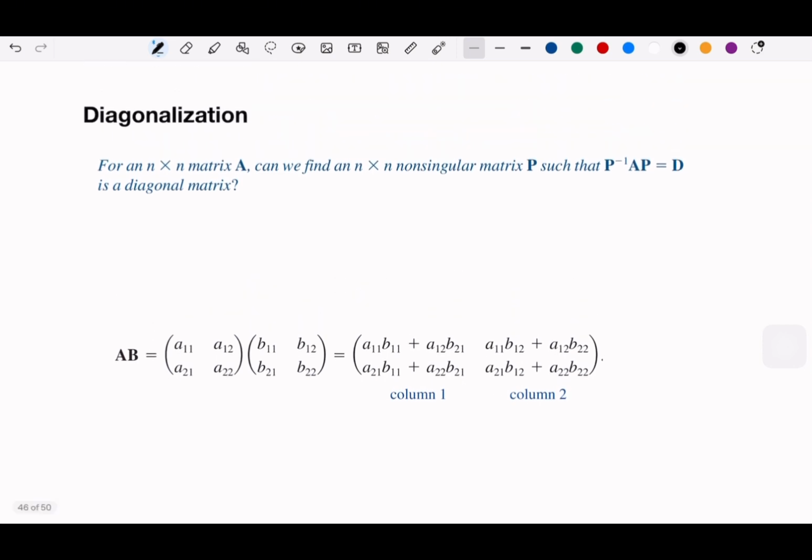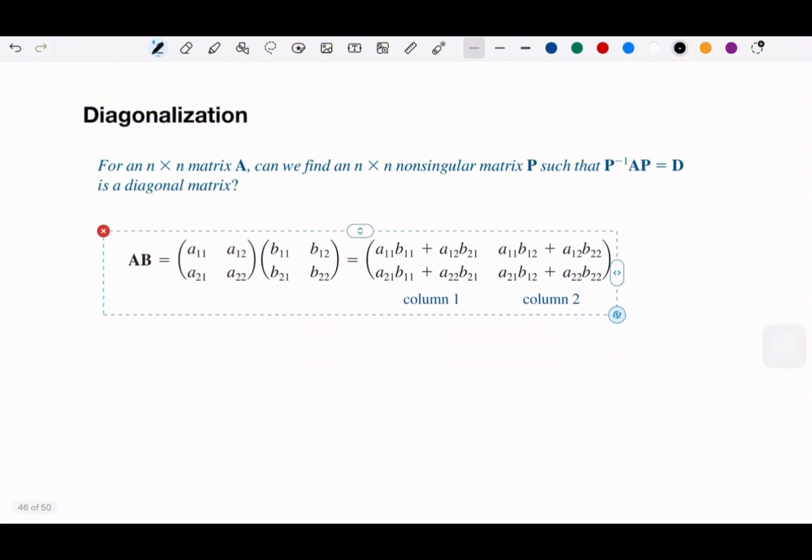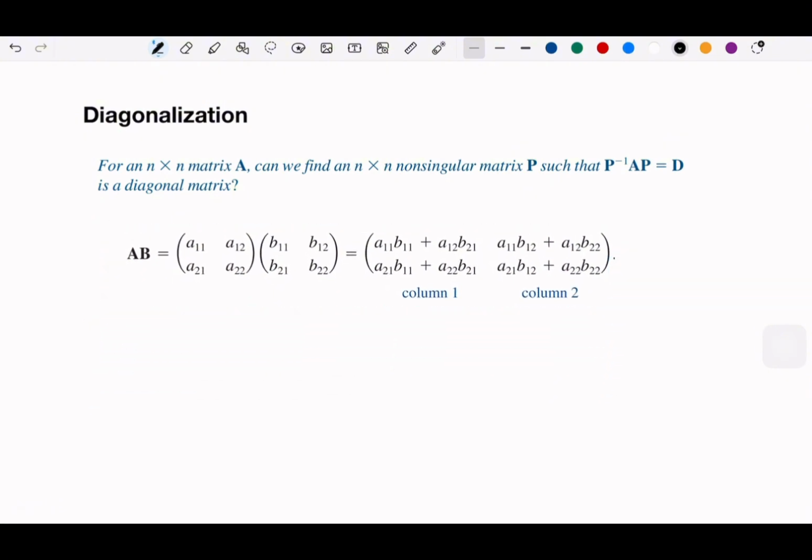Okay, now to begin this diagonalization, let's start with AB multiplication. AB are from two matrices, matrix A and matrix B, and of course, if we multiply these two, this will be the result.